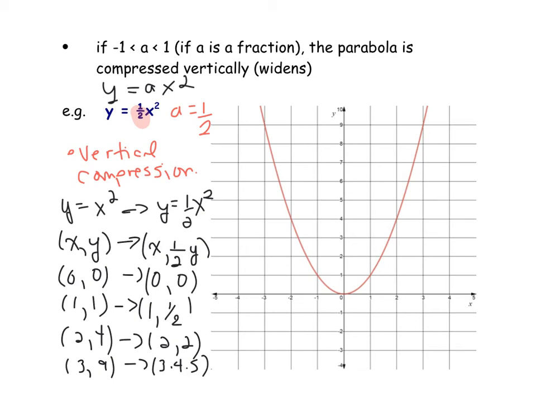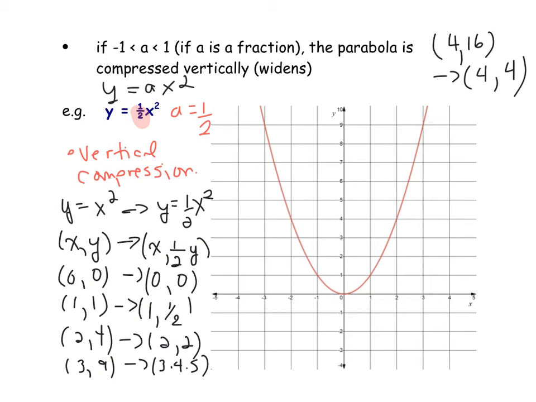I'm going to do an additional value. I'm running out of screen space below, but I'm going to write it up here in the top right-hand corner. I know that 4 and 16 is a point on my original y equals x squared, and that's going to map to become 4 and 4.